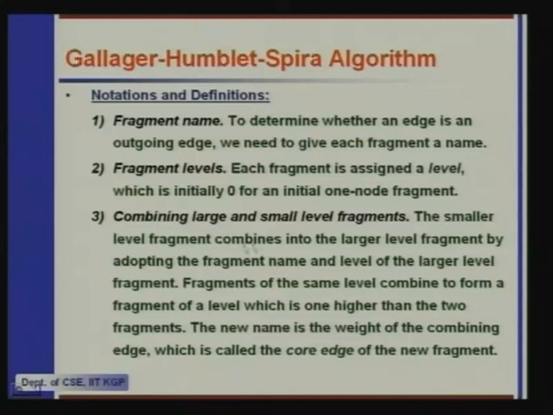In the case where the smaller fragment combines into the larger level fragment, the smaller fragment will adopt the name of the larger one and will also inherit the level of the larger one. So, if I have a level 4 fragment and a level 2 fragment merges with the level 4 fragment, then the whole fragment will have level 4 and the name of the level 4 fragment will become the name of the whole fragment.